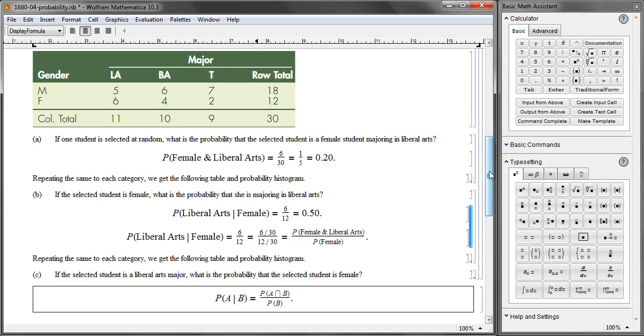Another way to view the same thing is, what is the probability of the intersection? Selected student is female and she is a liberal arts major. There are 6 such students, as you have done in part A. So that goes to the numerator, 6/30. Now what about the denominator? Probability of the condition.